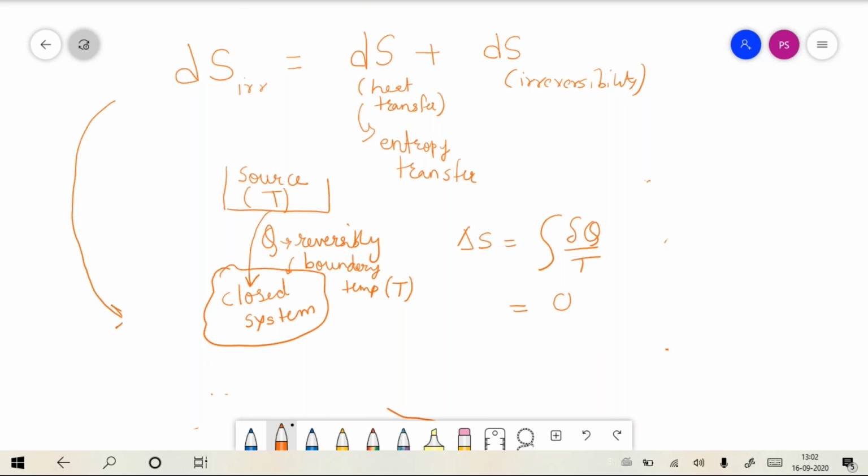Now what is this? This is the change in entropy. And why has this change happened? This change in entropy has happened because of a reversible heat transfer at the source temperature.